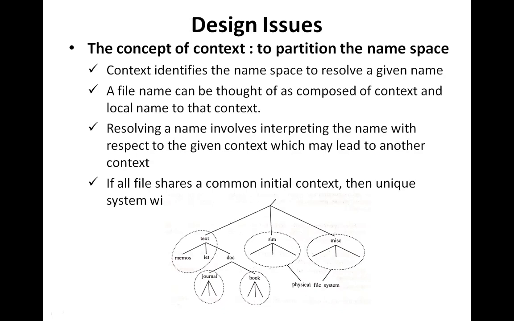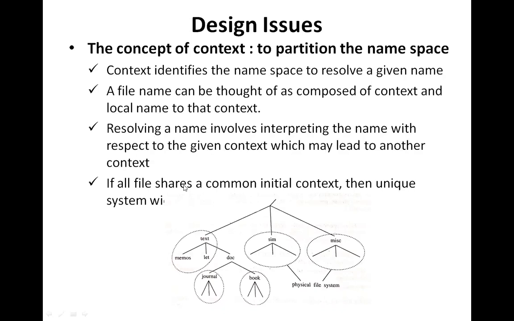And this context can partition a namespace along the geographical boundary, organizational boundary, specific to the host, or to the file system type. So in this context-based scheme, a file name may be composed of contexts as well as the local name to that context.